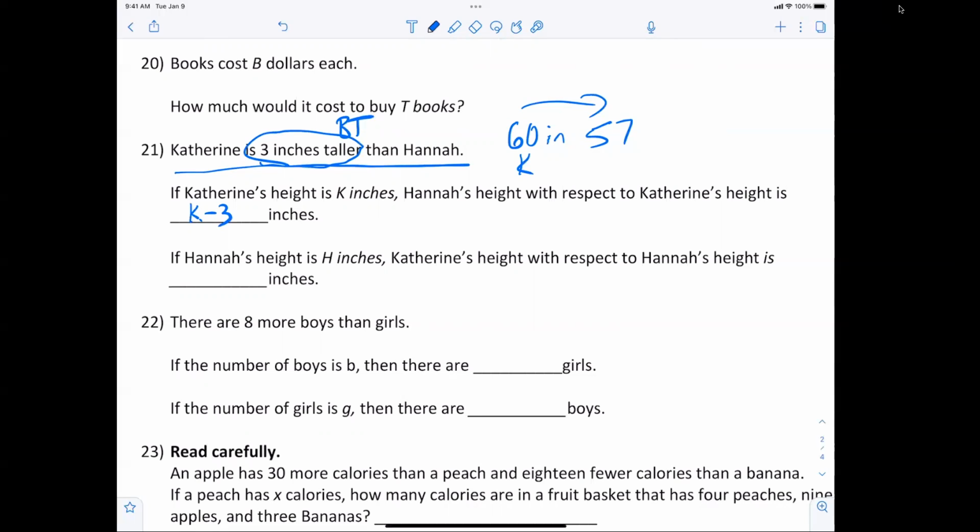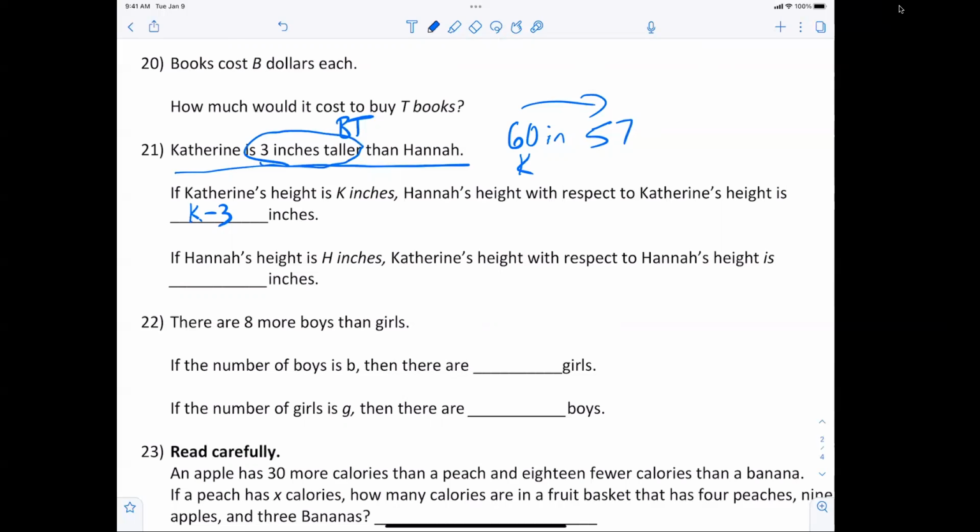All right. Now, Hannah is not H plus 3. Yes, that's how you want to think about it. Exactly right.